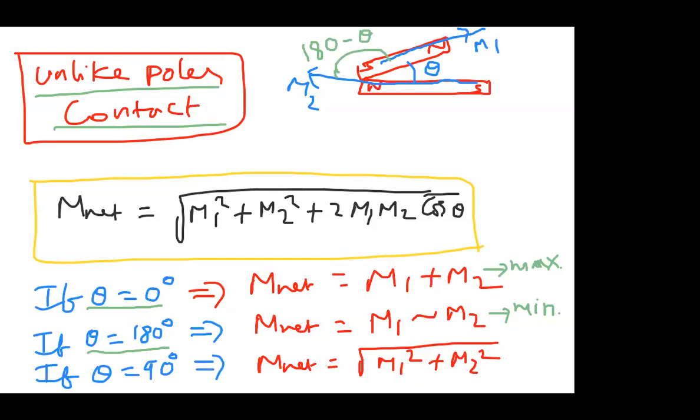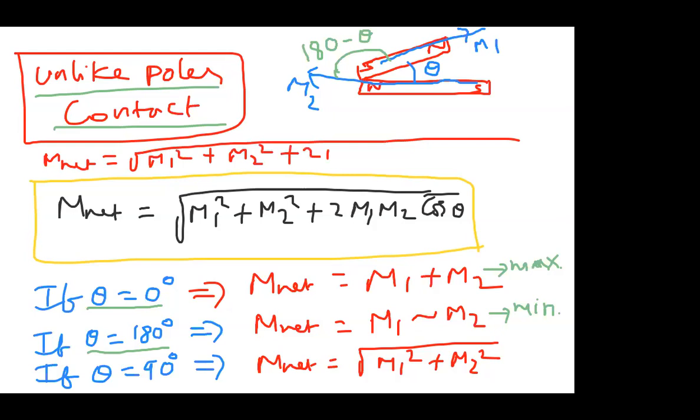That means M net is equal to square root of M1 square plus M2 square plus 2 M1 M2 cos of 180 minus theta.